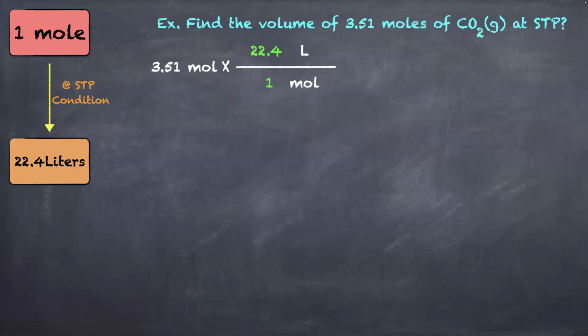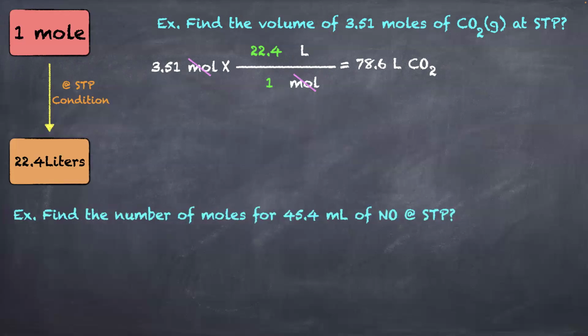Again, this only applies for gases, at the standard temperature of 0 degrees Celsius and standard pressure of 1 atmosphere or 101.3 kilopascal. This way the moles cancel with each other, and our final answer is the liters of CO2. We end up getting 78.6 liters of CO2 gas under STP condition.